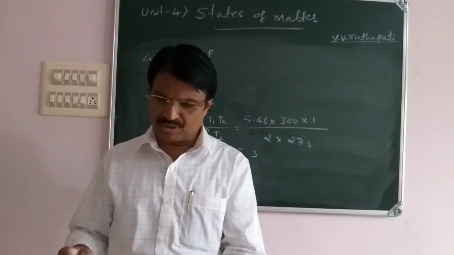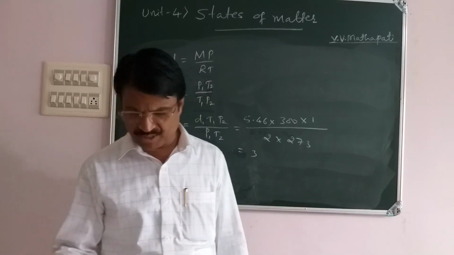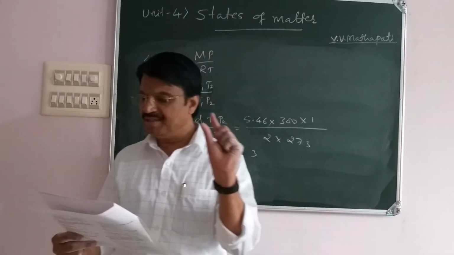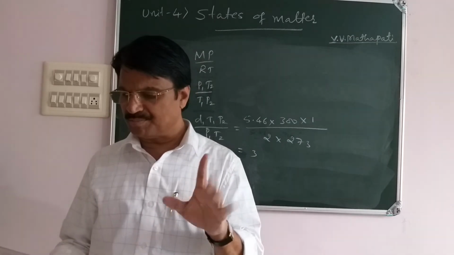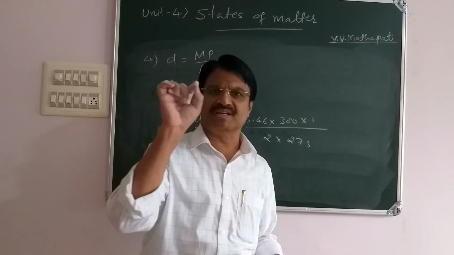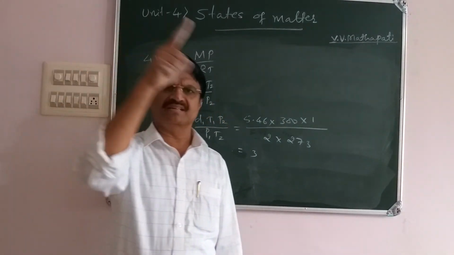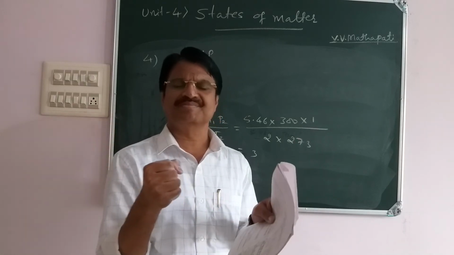Then again we'll solve some problems. Even the Van der Waals equation is given, a theoretical question. Where Van der Waals constant B in the corrected equation for real gas represents what? Let us see the significance of B. It indicates the size of the molecule, and A indicates intermolecular force.